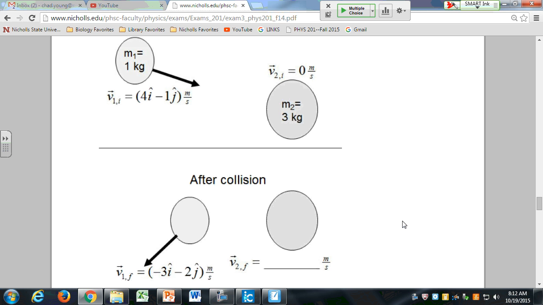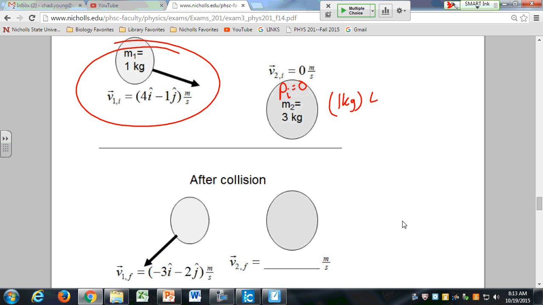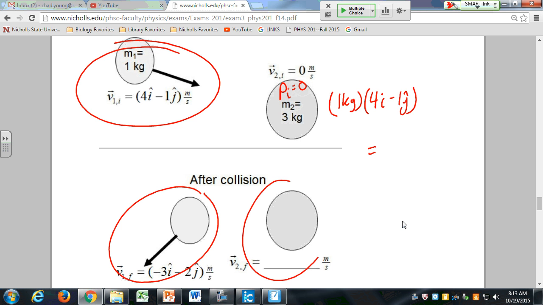Here, our initial momentum is only with this particle. This one has no initial momentum. So I say the initial momentum is the mass, 1 kilogram, times its velocity, 4i minus 1j. And that has to equal the final momentum, which is going to be the momentum of this particle and the momentum of this particle.